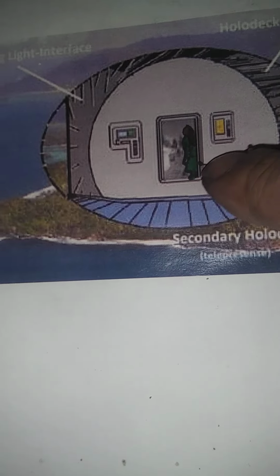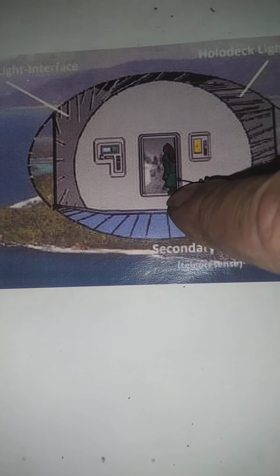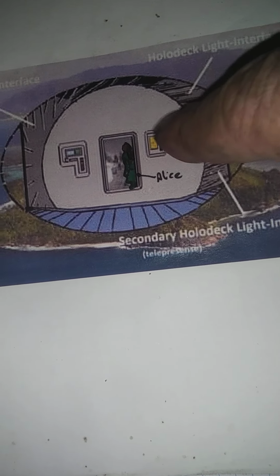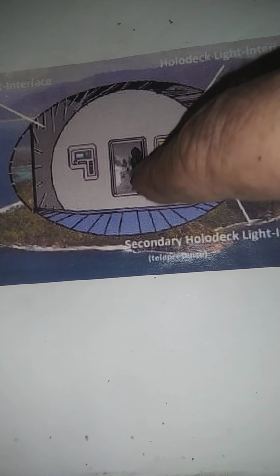And inside you can see Bob's hologram, and in here you can see what would appear in each other's holodeck would be a virtual form of their holograms. I guess these would be the real people.